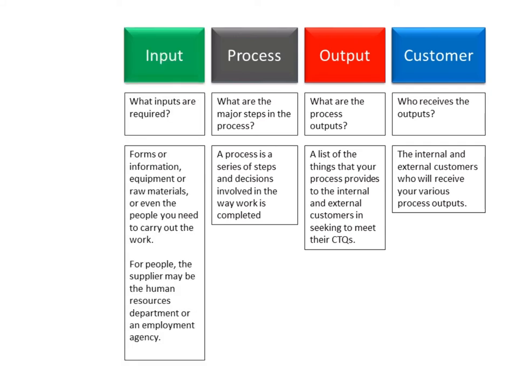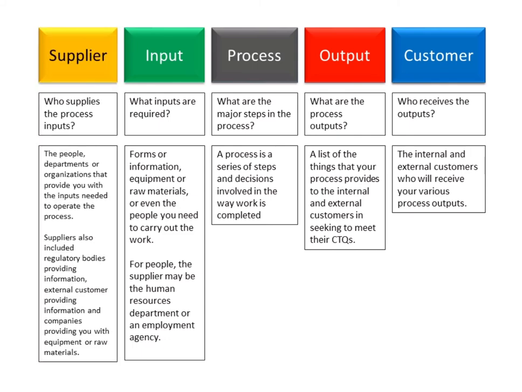Inputs are provided into the process by the suppliers in the form of materials or information. The input includes forms or information, equipment or raw materials, or even the people you need to carry out the work. For people, the supplier may be the human resources department or an employment agency.